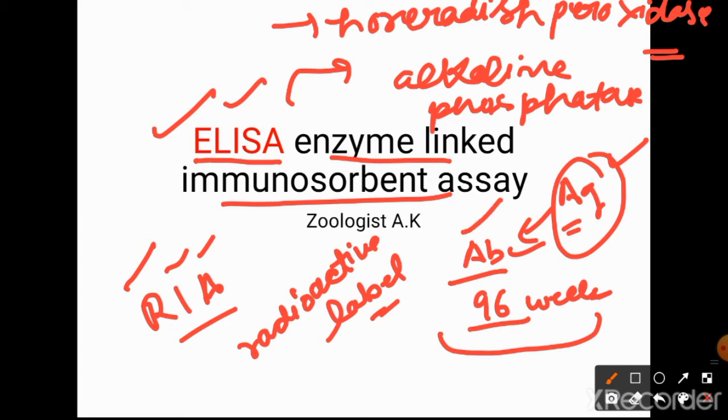The reaction between the enzyme that is labeled to this antigen and the substrate that we are going to add into the plate or test tube will determine the reaction between antigen and antibody molecules.